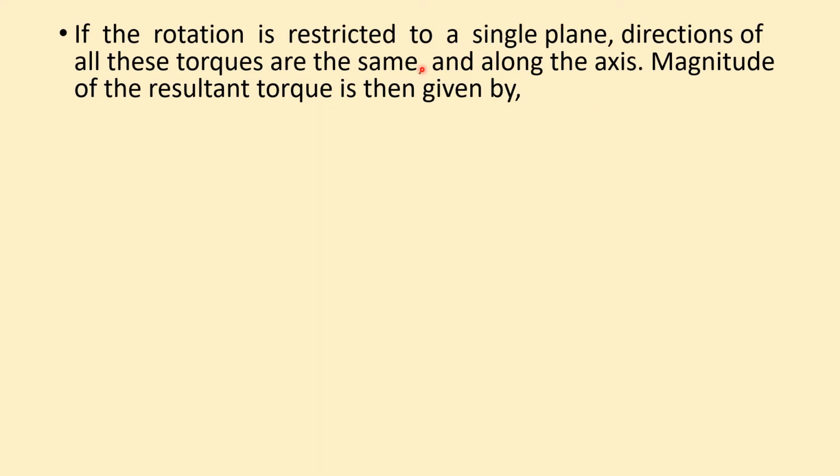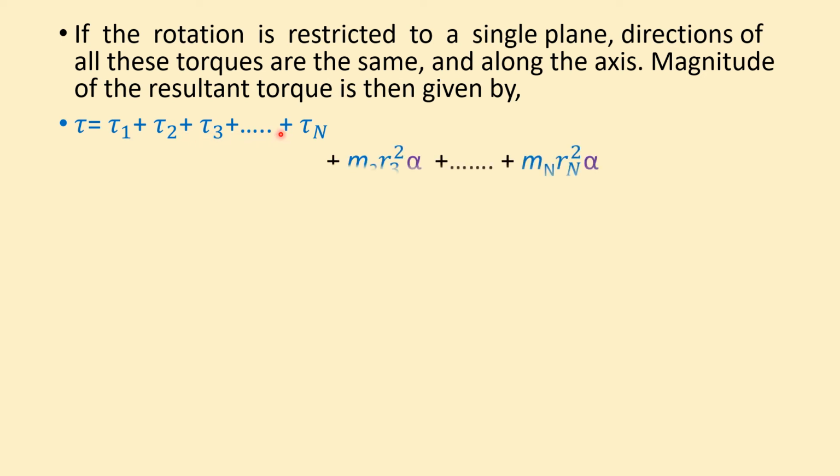If the rotation is restricted to a single plane, the directions of all these torques, tau 1, tau 2, tau 3 to tau n, are the same and along the axis. The magnitude of the resultant torque of a rigid body is given by tau 1 plus tau 2 plus tau 3 plus and so on plus tau n.